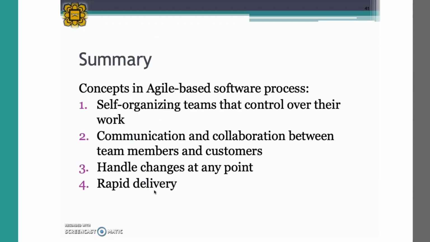But what I want to highlight is that Agile-based process models recommend self-organizing teams that have control over their work. They value communication and collaboration between team members, they handle changes effectively, and they produce increments in a more rapid manner.